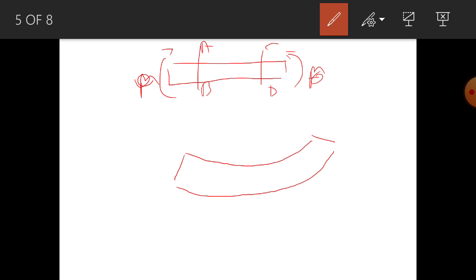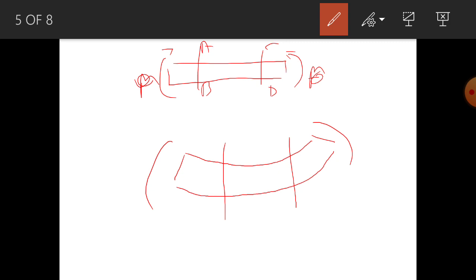But for our study purpose, we are going to consider it like that. So it will bend due to the moment applied. This will be your section AB, section CD, and at the center is where your center of gravity will pass.